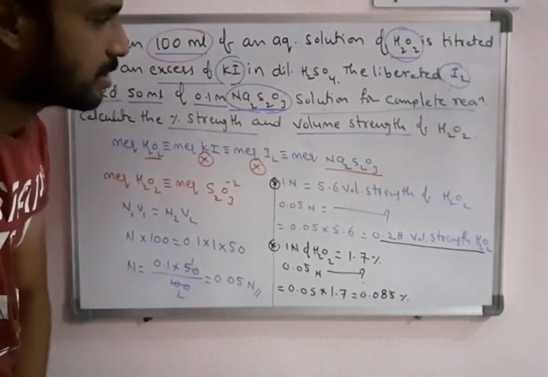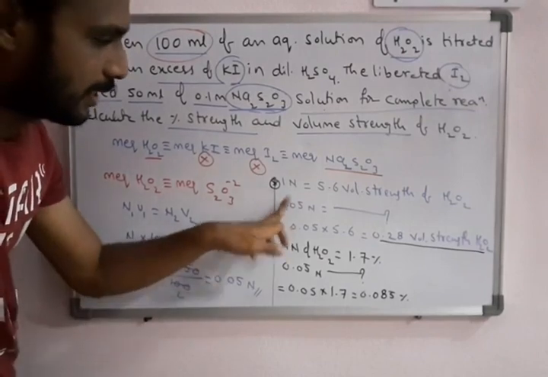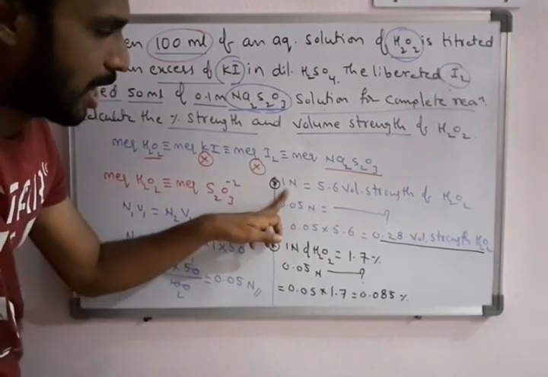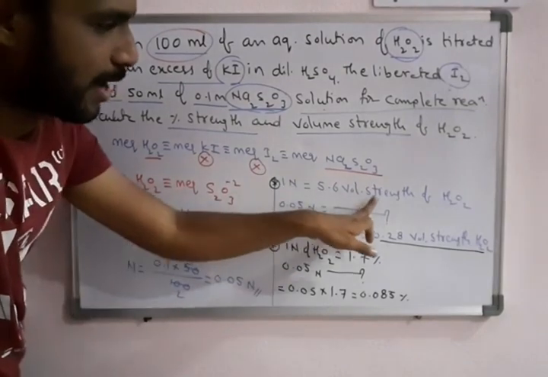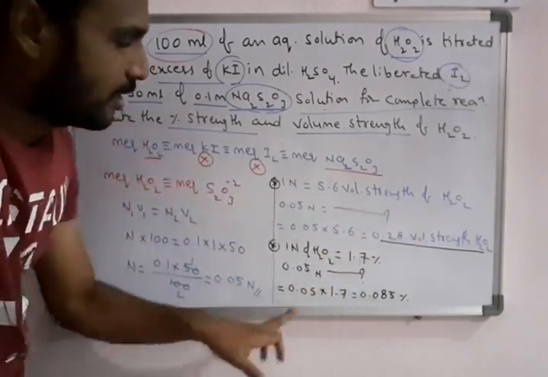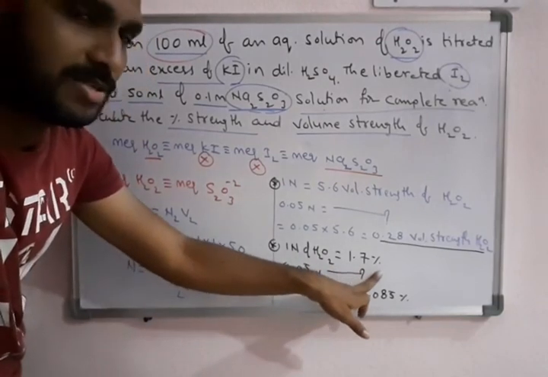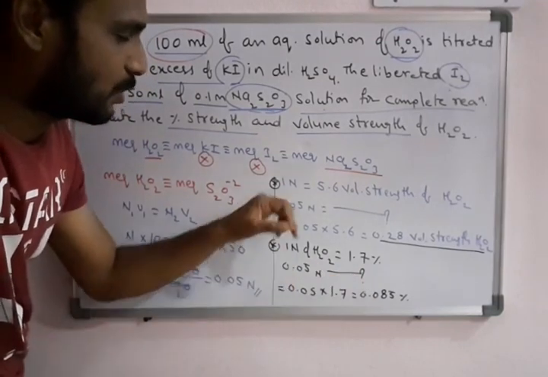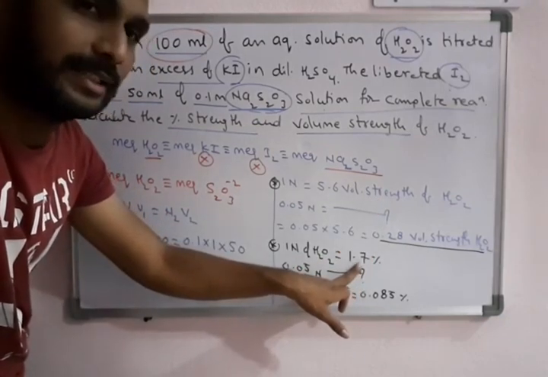So here the calculation is to find the percentage strength and volume strength. Whenever it is asked in problems, we must know the normality. By knowing normality, with the relations 1 normality equals 5.6 volume strength and 1 normality of hydrogen peroxide equals 1.7 percentage strength, we are able to calculate both.